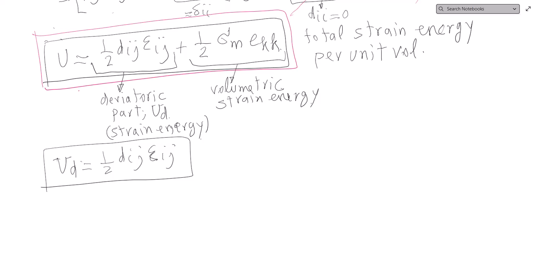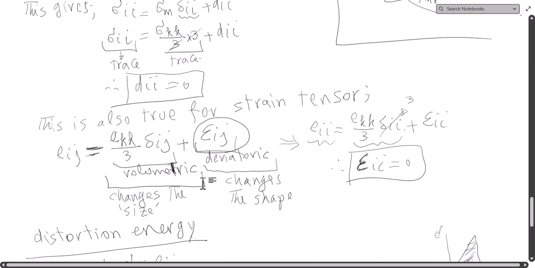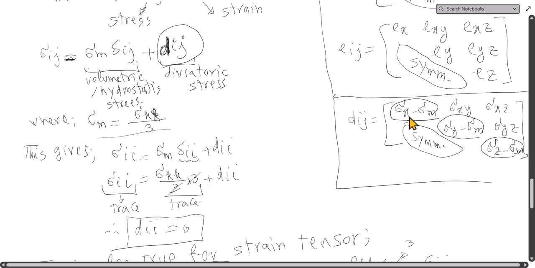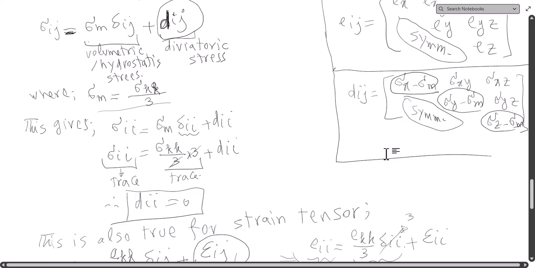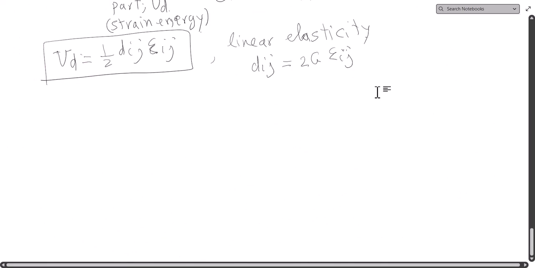Now, for linear elasticity, we have d_ij, which is the shear stress part, 2G epsilon_ij. Remember, epsilon_ij is not the total strain, it is the distortional or the shear part, because we have already taken out the hydrostatic part from the total strain.